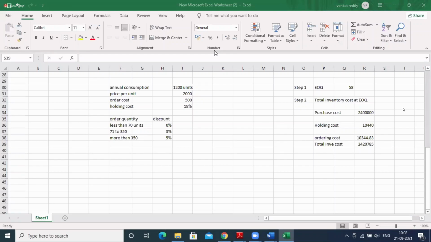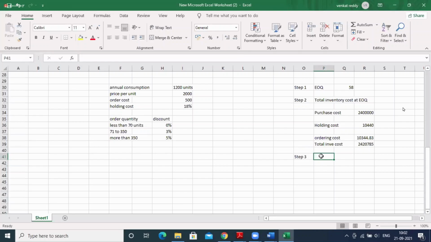Calculate for 71 to 350 order quantity. Yeah. Now, in this case, step 3 should be to take it as 71. Yeah, very good.